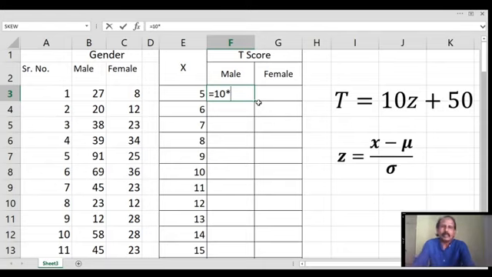Now we start with a bracket sign, then X minus mu. Our X is in E3, so we write here E3 minus mu. Minus mu means minus mean. Here the mean of male is found in B55. So we will write minus B55 here.